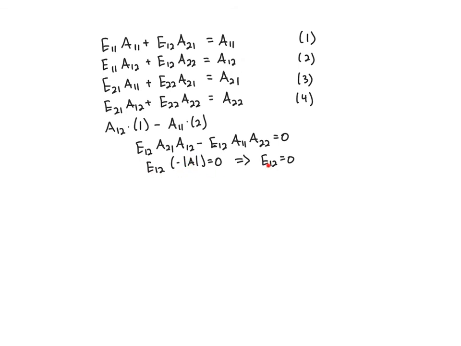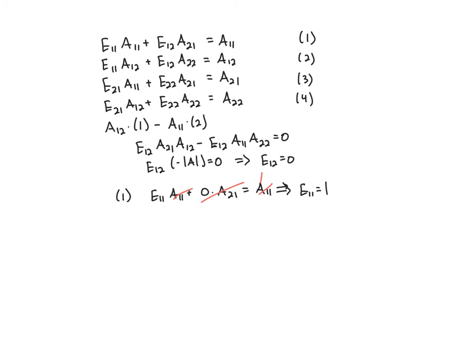And so we see E12 is equal to 0. So we now have insight into our equation. We've solved one of the variables. And now we substitute 0 for E12 in the first equation. And we now have E11 times A11 is equal to A11. Well, if you divide through by A11, you get E11 must be 1.